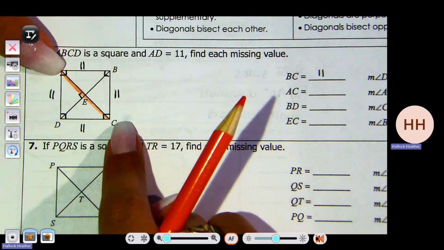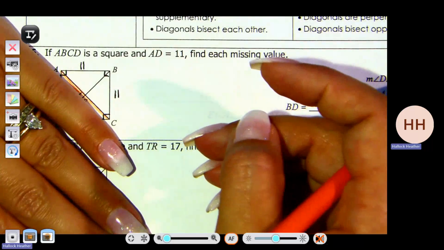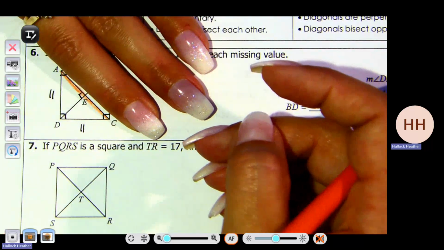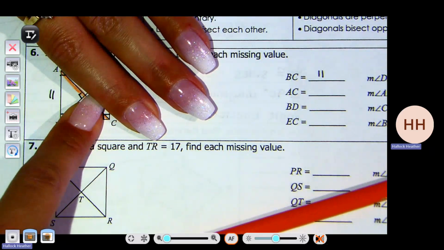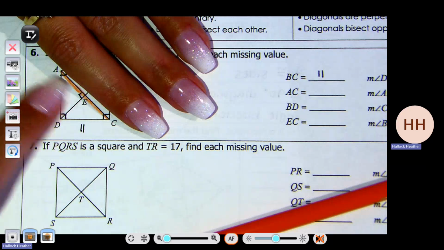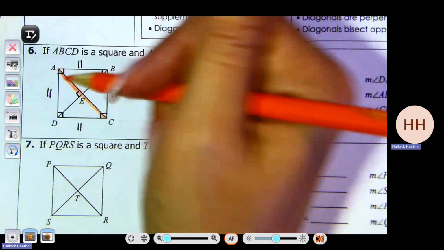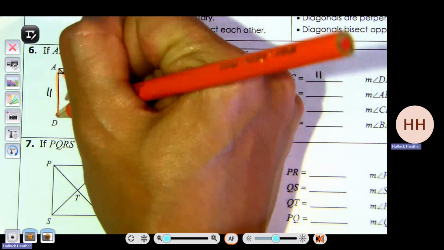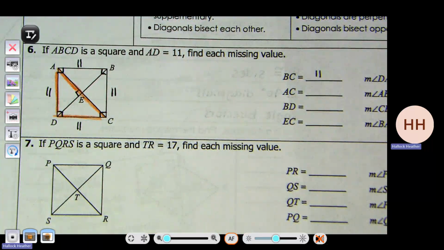So I have to make a right triangle out of this line. I can either use the top half or the bottom half to make a triangle. Sometimes it stops at A to E, and then I would use one of the small ones in the center. This time I have to use the whole thing to go across from A to C. I'm going to make it this side, but you could make it the top side. It technically doesn't matter, you're going to get the same answer.